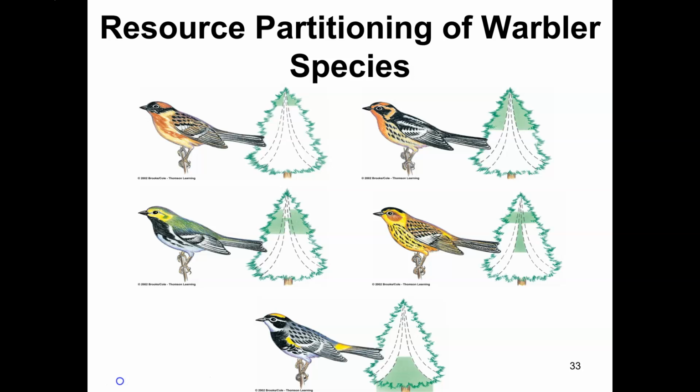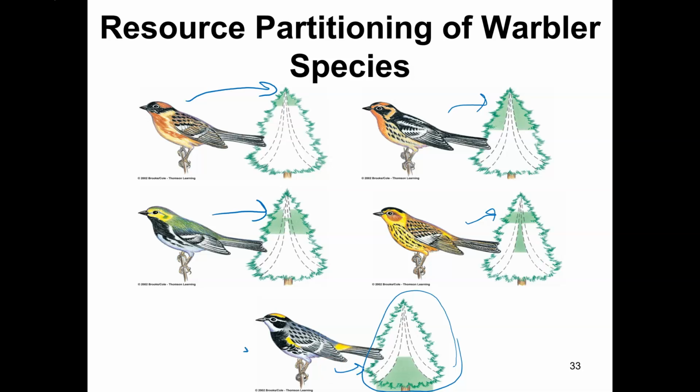So here we have different warbler birds. And if you look within one tree, you can have 5 different groups or species of warblers, okay? So we have some that live at the top of the tree, some that live in the middle, some that live just on the edges of the tree, some that live more in the middle of the tree, and then some that live very low on the tree.